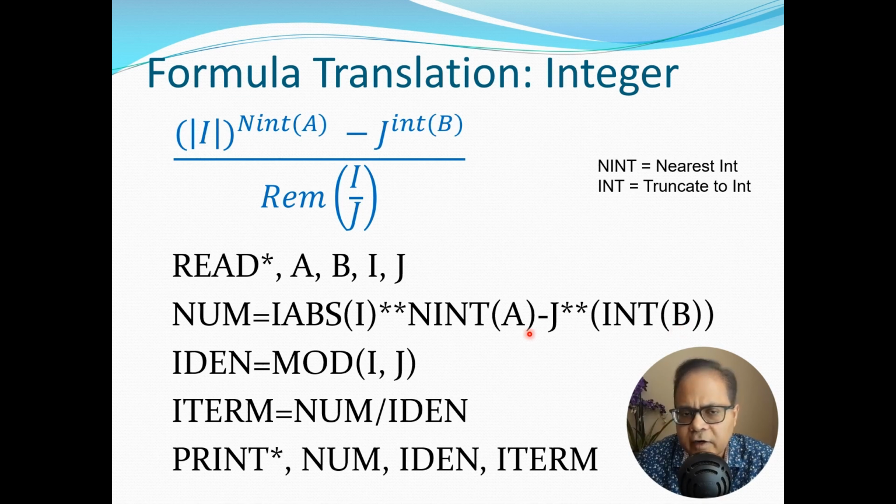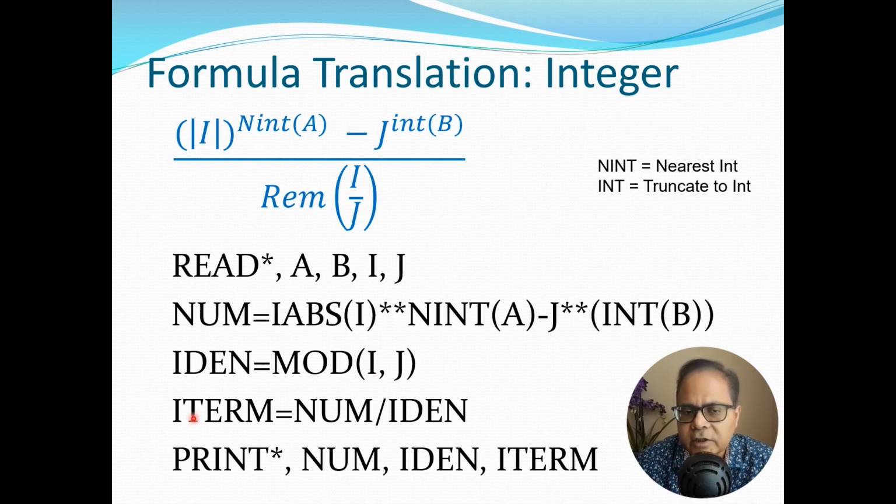And this is of course something which I want to do in integer math, so I have kept all these numbers as int numbers. I write iden as mod i by j. Now this is going to give me the remainder of i divided by j. Some compilers also use i mod, but mod seems to be working for this particular compiler.